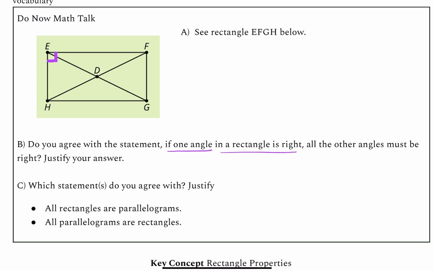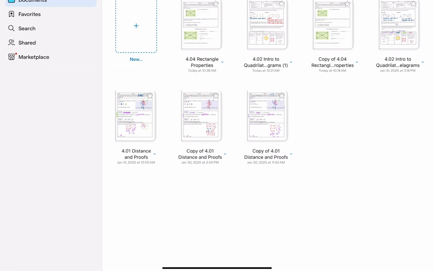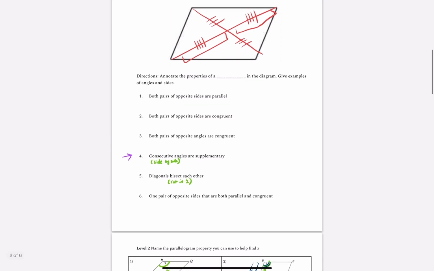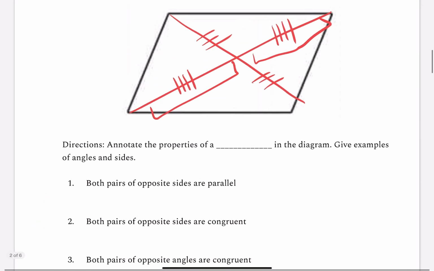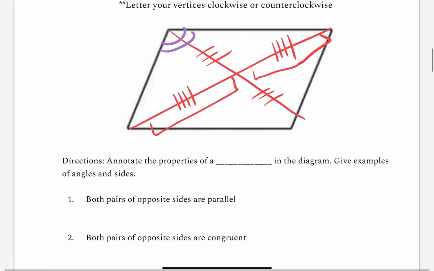B. Do you agree with the statement? If one angle is right in a rectangle, the other angles must also be right? Yes, because if you look at 4.02, your annotated notes, we know that consecutive angles are supplementary. So angles that are side by side, A and B, equal 180 degrees.